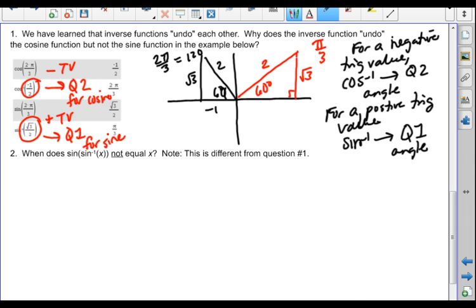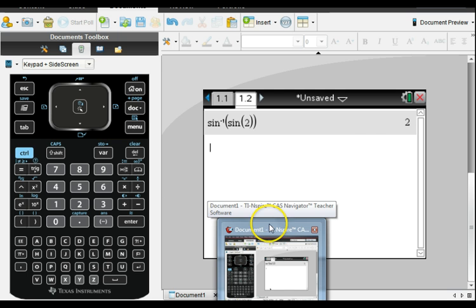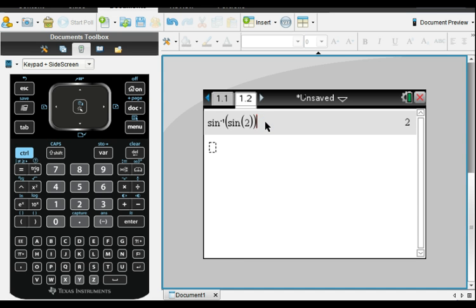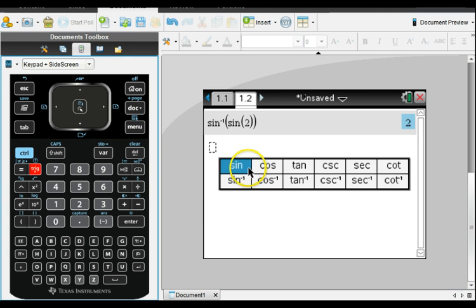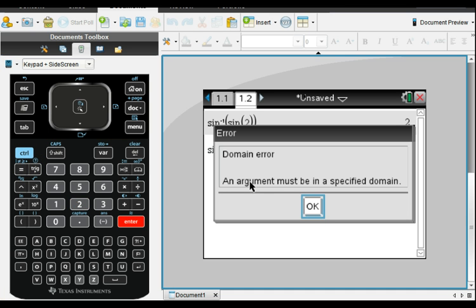Okay, there we go. So we will erase this and just do another one. Try this again. Sine of inverse sine of 2. It says domain error.